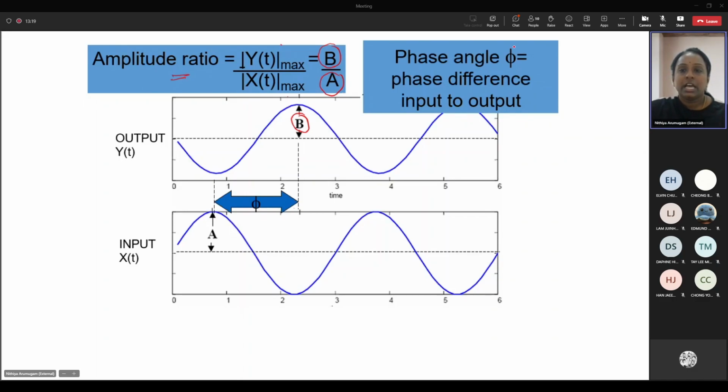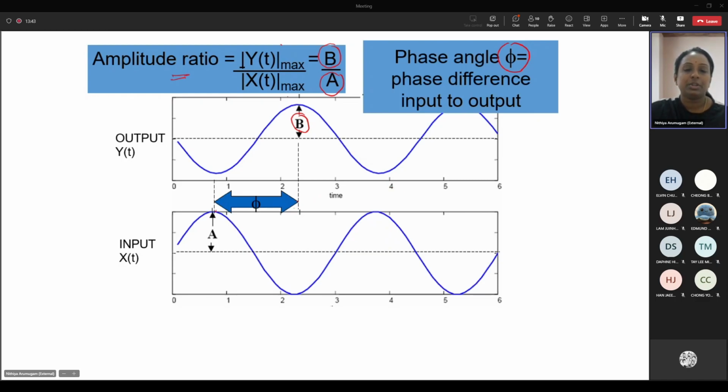And that is one thing. The second thing that we can get from the graph is the argument, or we call it the phase angle. Okay, so the phase angle from these two graphs can be calculated by finding the difference between the peaks, first and second peaks, or it can be second to third, third to fourth, and so on.